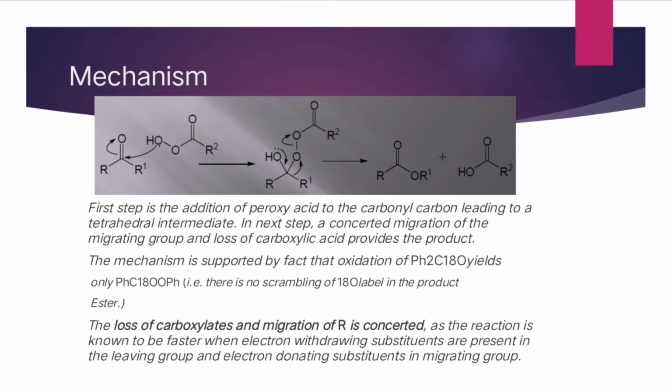There is no scrambling of the carbon 18 label in the product ester. The loss of carboxylate and migration of R is concerted, as the reaction is known to be faster when electron withdrawing substituents are present in the leaving group and electron donating substituents in the migrating group.